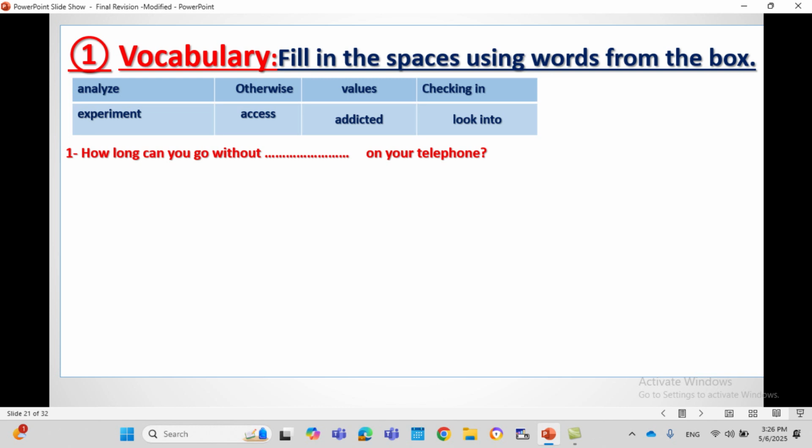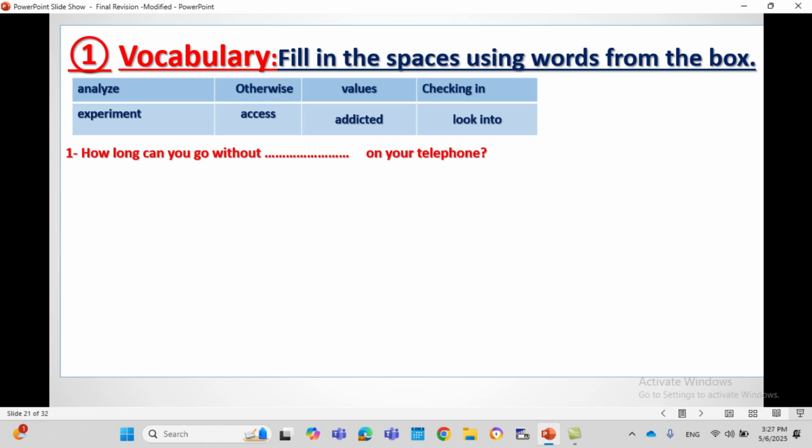So as I told you, check in has different meanings, and the one mentioned in our course book is to be online, to resume browsing, or to check an account on the internet, so that you are not confused with other meanings of the word check in.